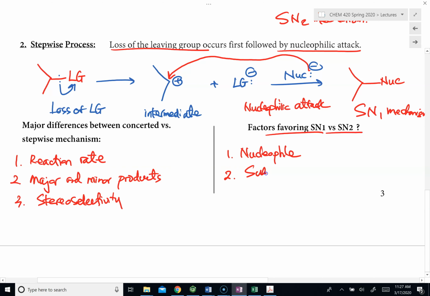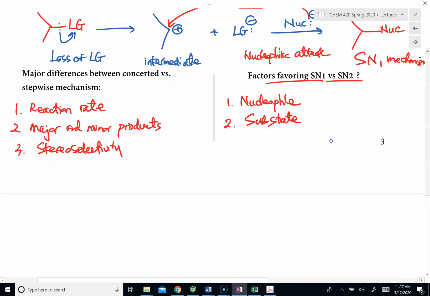Second, the substrate. What kind of substrate do we have? While one substrate may favor SN1, the other may favor SN2, and another may favor both SN1 and SN2 without much selectivity at all. And the third factor, the leaving group.